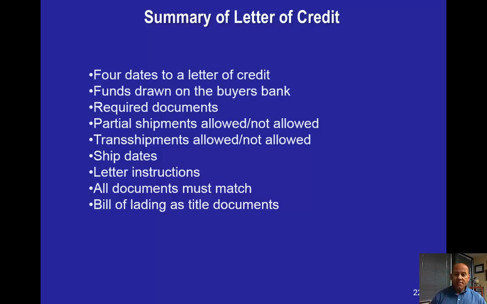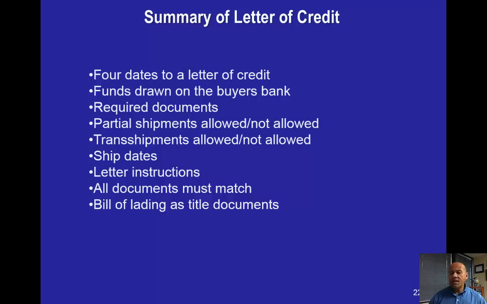Now, it's very important to understand that the banks will hold the documents in terms of air freight, ocean freight, and truck bills of lading under a letter of credit. But the one thing you always want to be conscious of is the fact that only an ocean bill of lading, a true ocean bill of lading, is a title document. In other words, that document can be held, and if it isn't released, the buyer cannot get the goods.